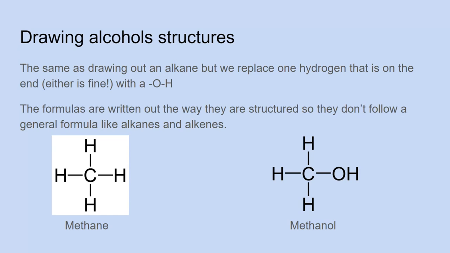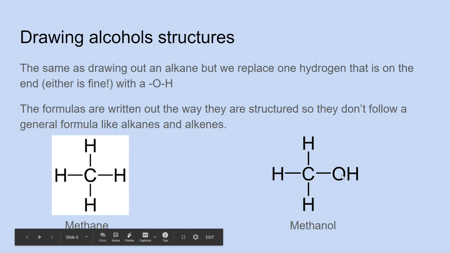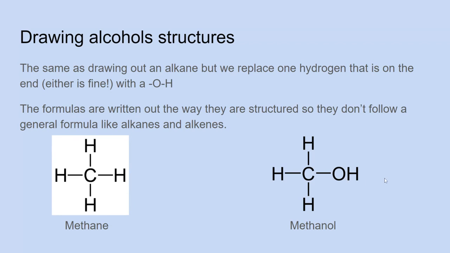You can draw the OH with a bond in between the O and the H, or without, but you can put a little dash in between them as well. There is a bond between the O and the H, but it's a little bit simpler to draw it like this. When we write out the formulas, we write out the formulas how the alcohols are structured.